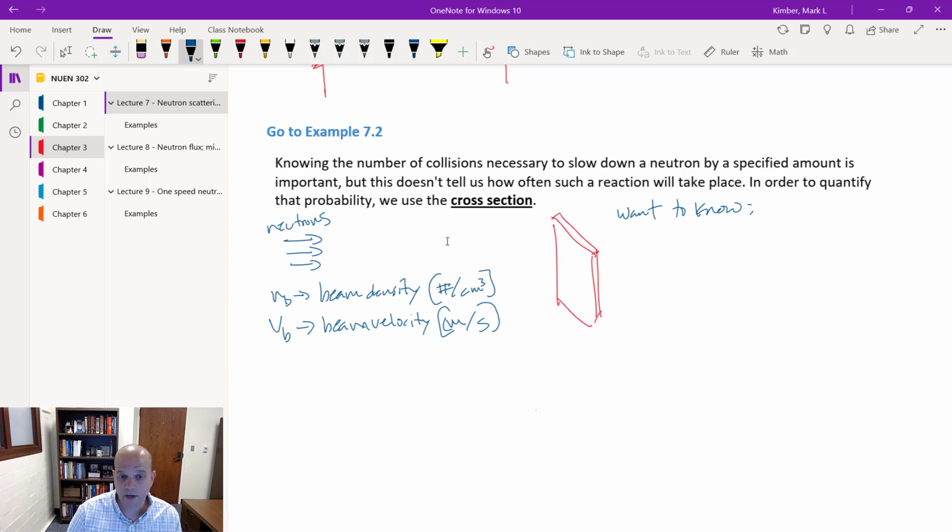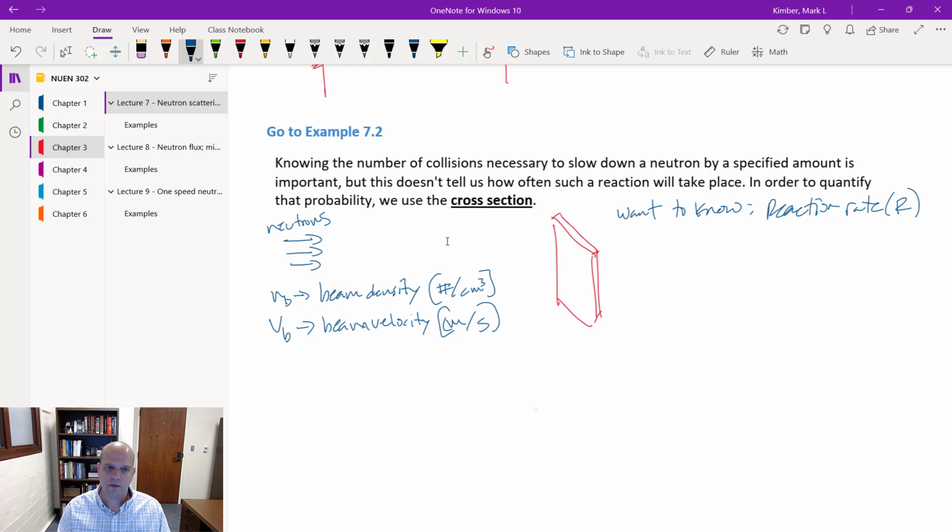And so what we want to know in all of this is the reaction rate. We'll use capital R for that. And so that's going to be number of reactions every second. That's what we want to know. We know how many potential reactions we could have. This many neutrons are flying through the domain.